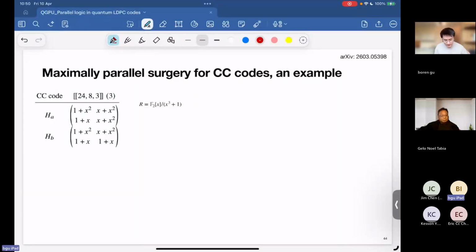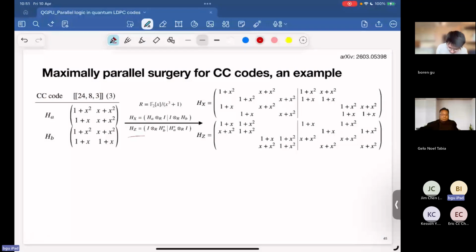We consider two CC codes, the CC code of a 24H3 code with parameter 3, and in ring sense, it's just like this. These are the parity-check matrices. With the product construction, we get their parity-check matrices over the ring level.